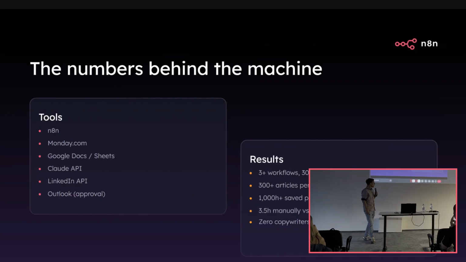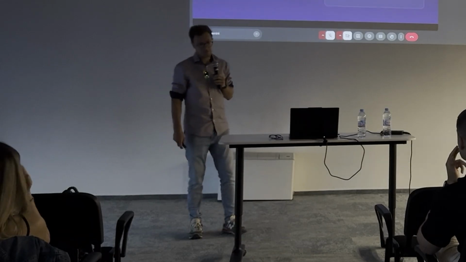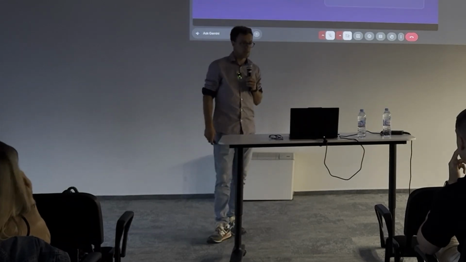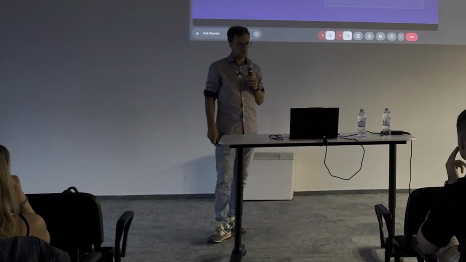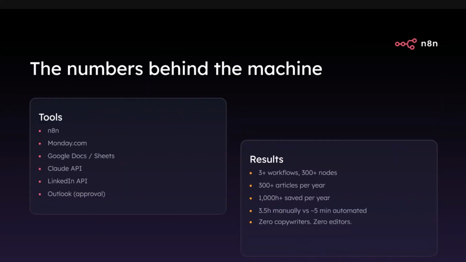With my automation, the run takes around 5 minutes from the very beginning to the very end. And if you calculate this out, this is more than 1,000 hours saved per year, so you can imagine how much money actually is saved just by this automation. And you need basically 0 copywriters and 0 editors for that.